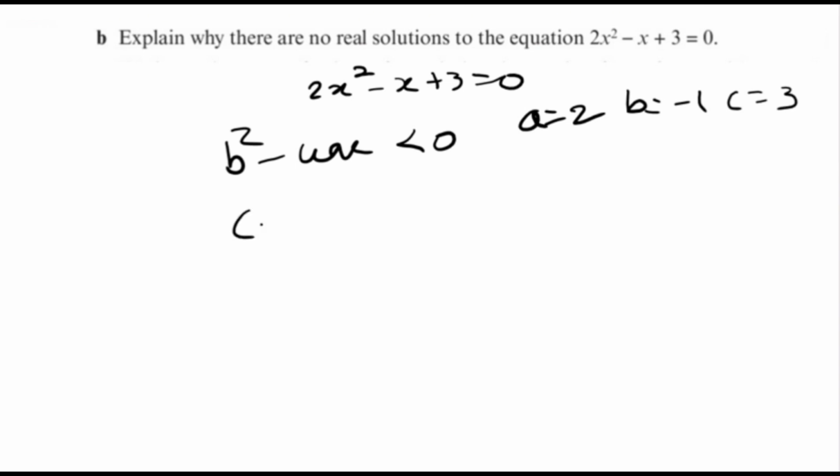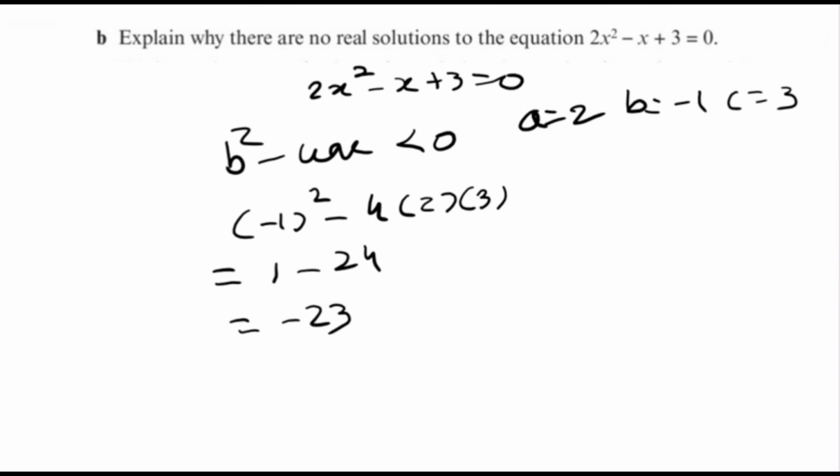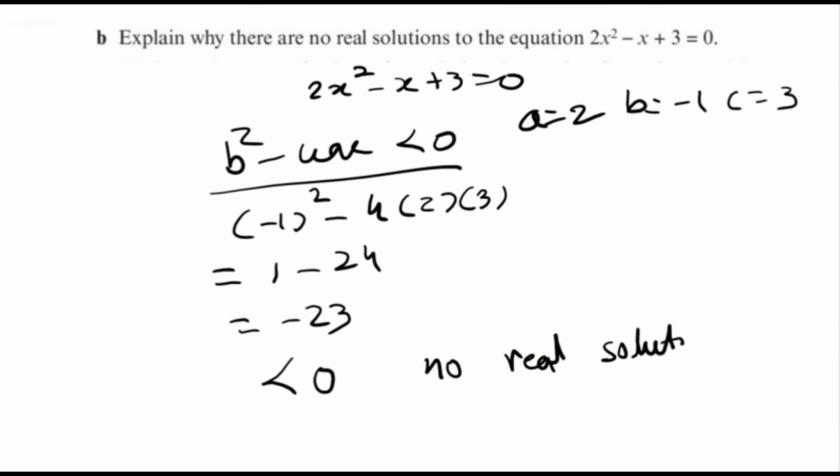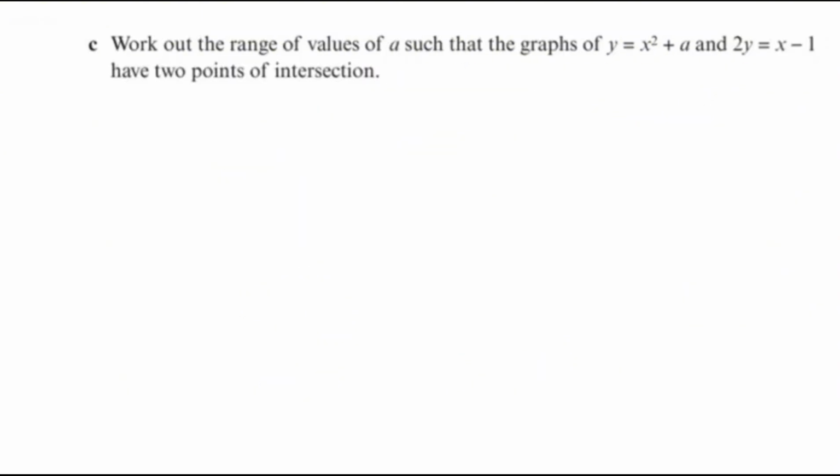Substitute here: minus 1 squared minus 4ac, right? 1 minus 4 times 2, 8 times 3, 24. We are getting minus 23. Minus 23 is less than 0. So if b squared minus 4ac is less than 0, that means no real solutions, right?